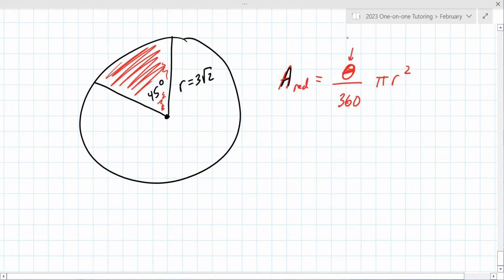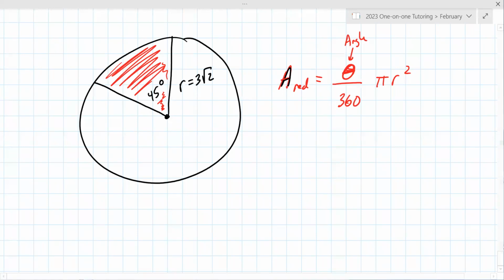My bad. Do I have to use that 45 degrees to find the angle? Well, that is the angle. Oh, so the entire shaded area is 45 degrees. Yes. Okay. So then 45 over 360 pi r squared.